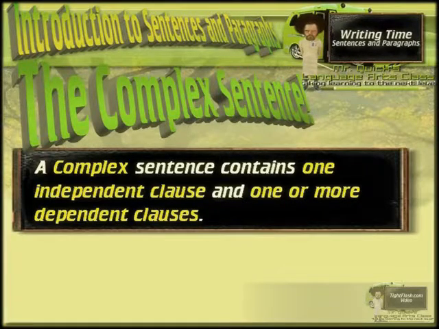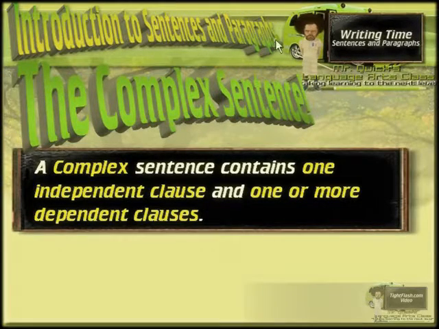The reason I want you to look at it like this is because I don't want you to lose the focus of the fact that every clause has a subject-verb relationship, and in a complex sentence, you do have two clauses that have subject-verb relationships.